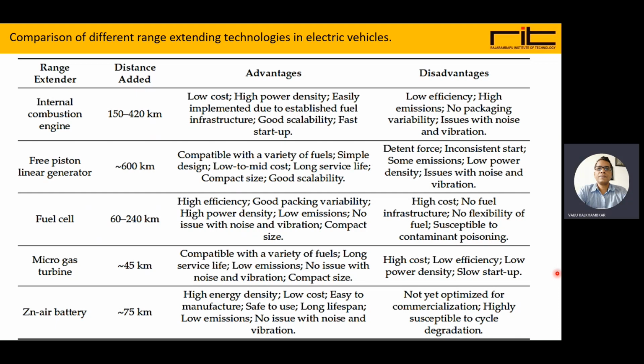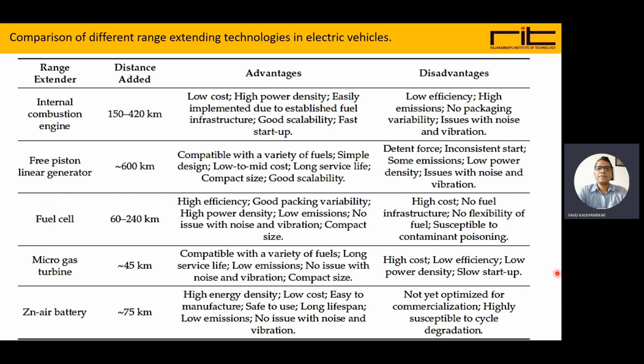Disadvantages are that high cost is always associated with the fuel cell. The fuel infrastructure is still not available as per the requirement when we consider the fuel cell and hydrogen supply. No flexibility of fuel, and it is susceptible to contaminant poisoning, so there may be some problem with contamination.